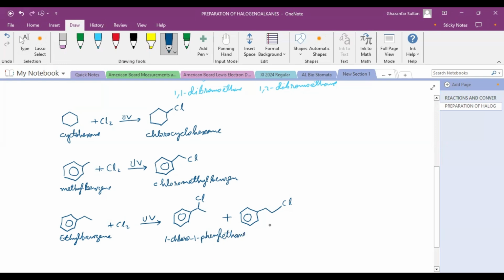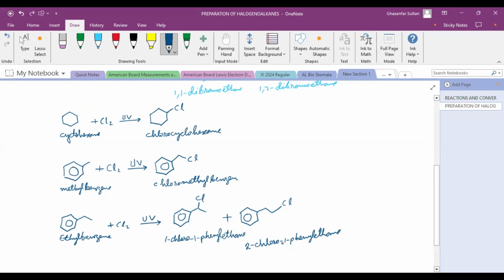And the name of this product is 2-chloro, 1-phenyl ethane, because we prefer the benzene ring, meaning phenyl group, over the chlorine group.